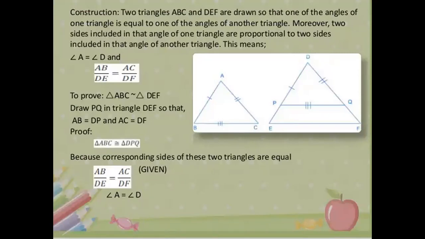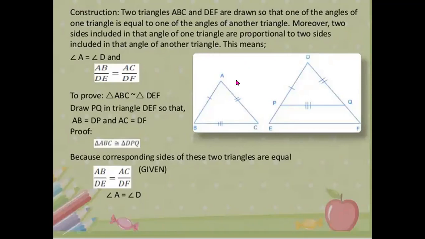Okay, so there, two triangles ABC and DEF are drawn so that one of the angles of one triangle is equal to one of the angles of another triangle. Moreover, the sides included in that angle of one triangle are proportional to the two sides included in that angle of the other triangle.